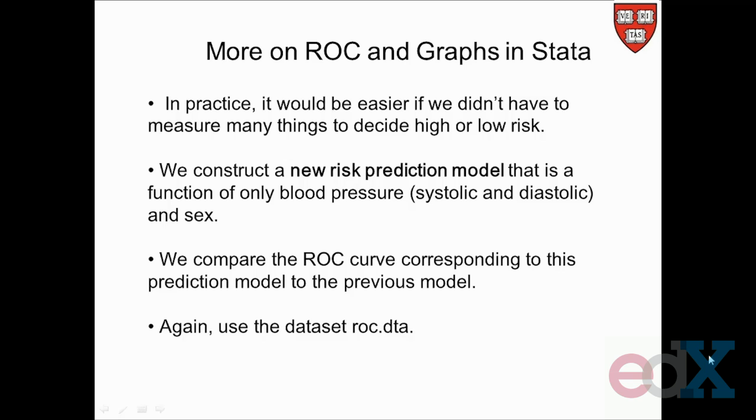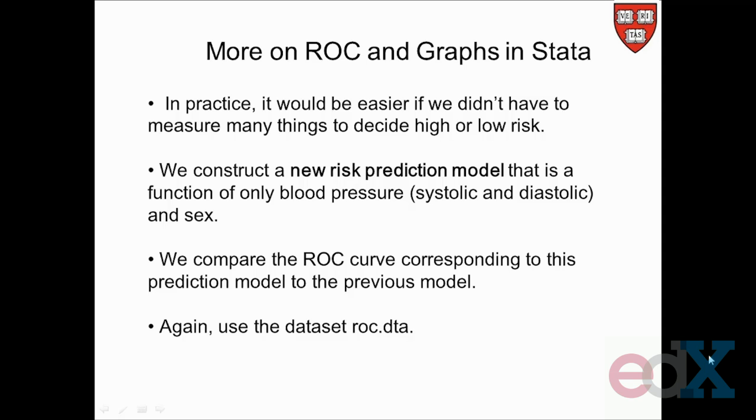So in practice, for a risk prediction model, it would be easier if we didn't have to measure very many things to decide whether a patient is high or low risk when it comes to their probability of getting CHD during their lifetime. So, in order to evaluate the previous model, which contained a bunch of factors, we're going to now come up with a new model that only contains blood pressure.